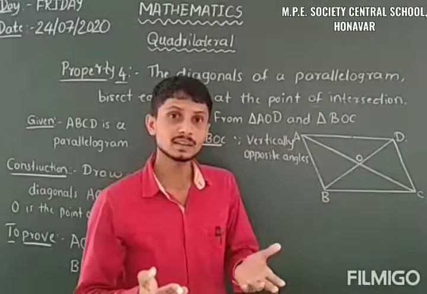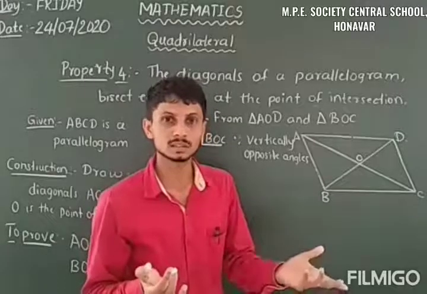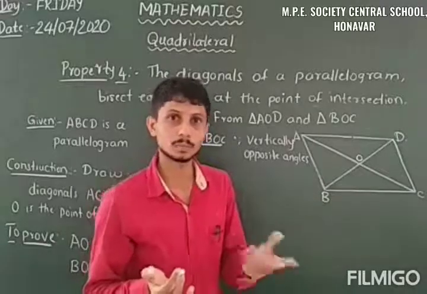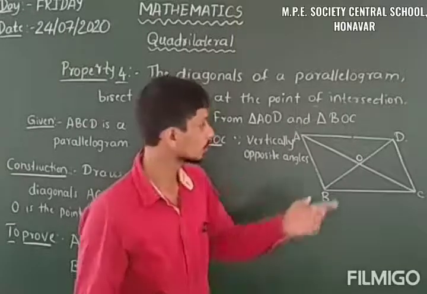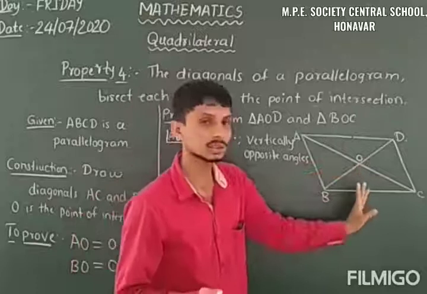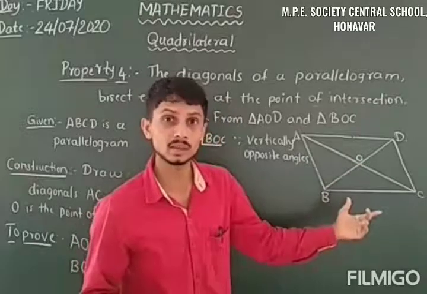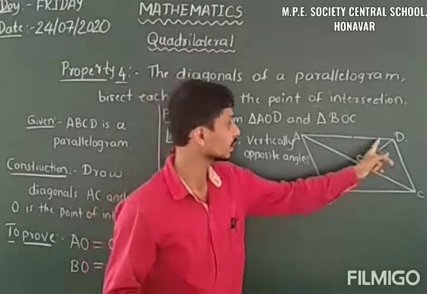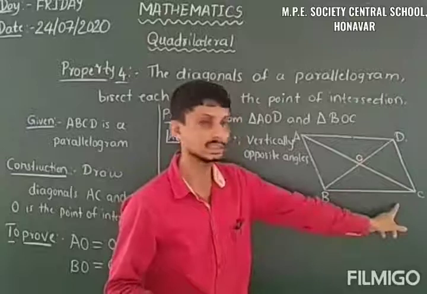Again, we already learned about alternate angles in the last two properties. So in this proof we know about alternate angles here: angle ADO and angle OBC.